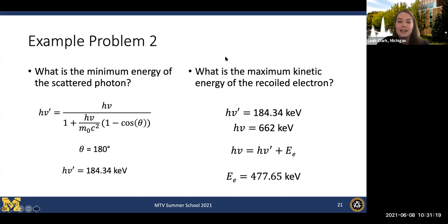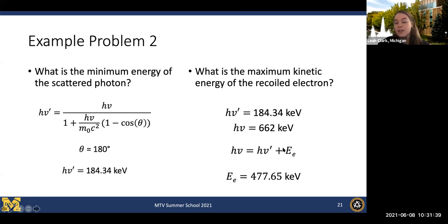And we could have gone through and done the math again, but a nice way to think about this is if we have a minimum scattered photon, we're going to get our maximum recoil electron. So again, we know this. We also know this from the problem.